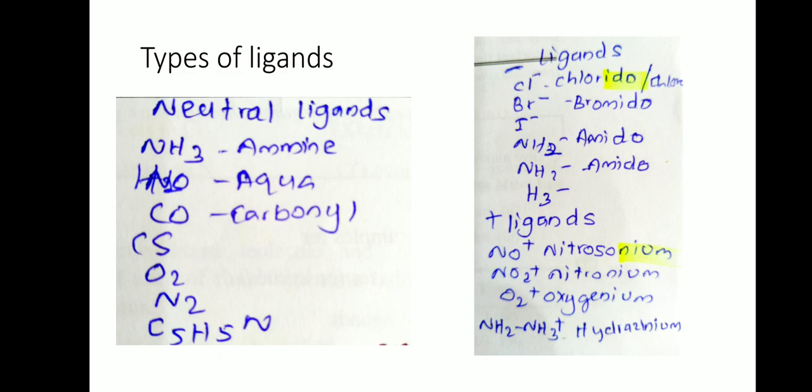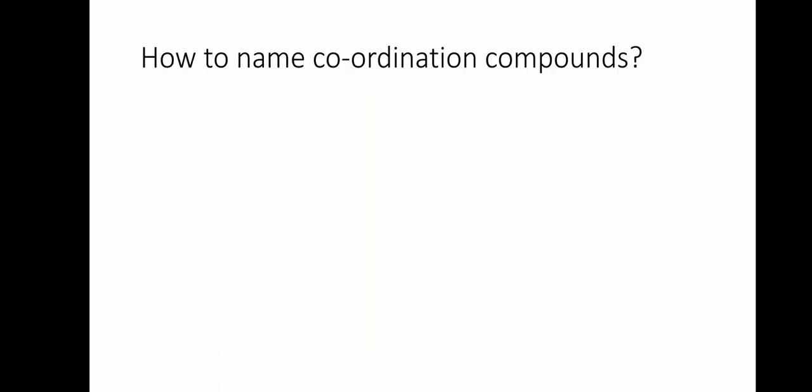If we take positive ligands, we have nitrosonium, nitronium and then oxygenium. If we take neutral ligands, we have ammine, aqua, carbonyl, O2, N2, like that. So when we are putting these into the names, we will be getting different types of names. So you need to learn these names by heart.